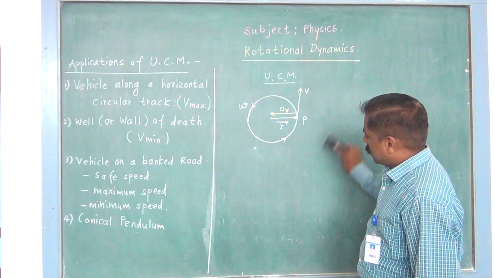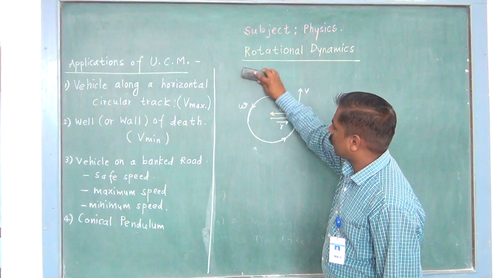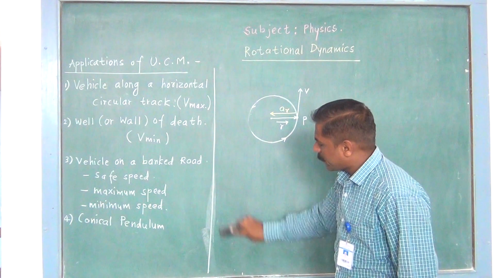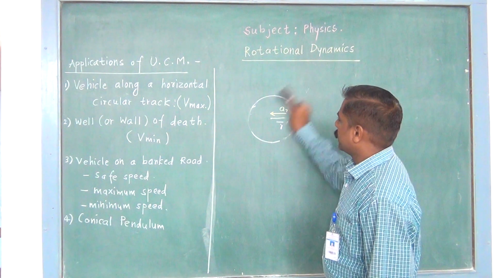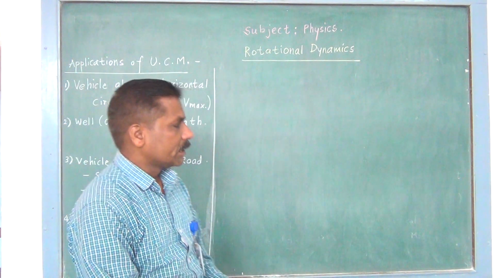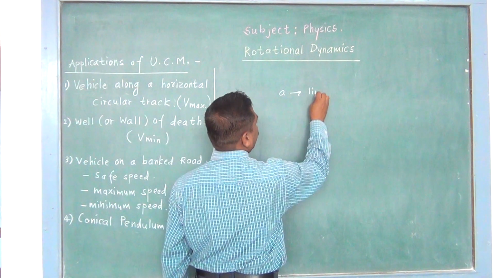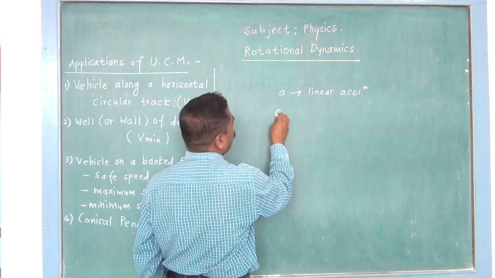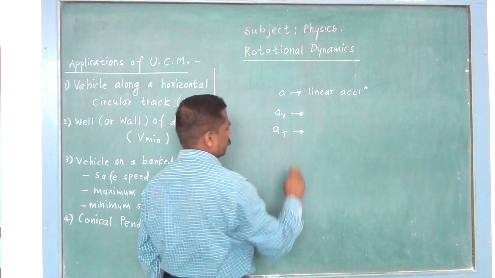you will find here the two accelerations are considered in case of the circular motion. If we consider the linear acceleration, then linear acceleration has two components. Now in this explanation, if we consider A is the linear acceleration, then there are two components of this.